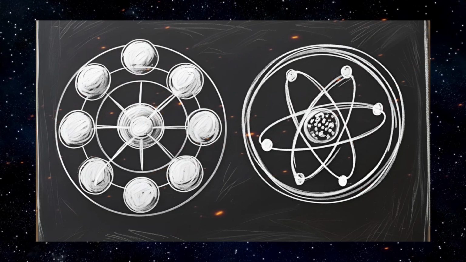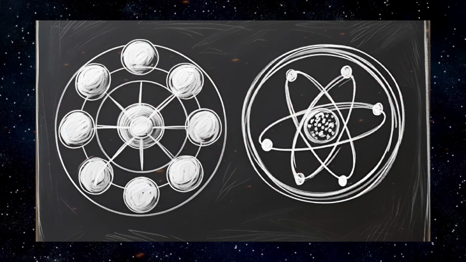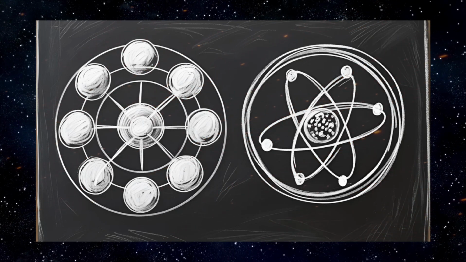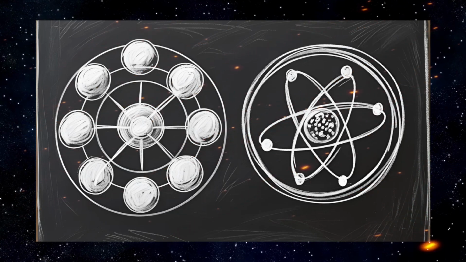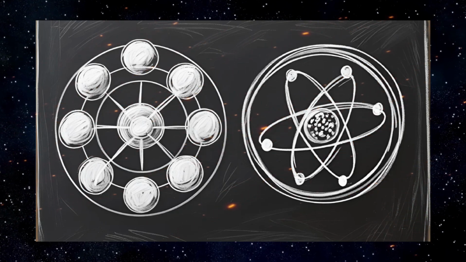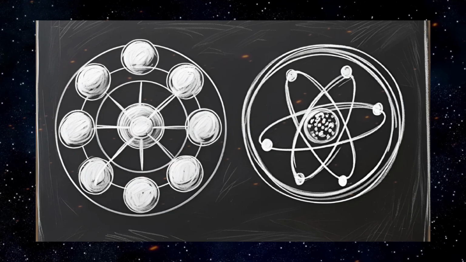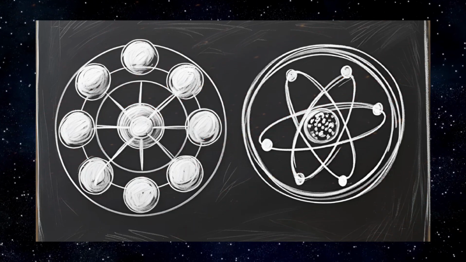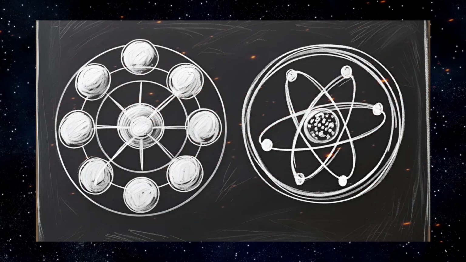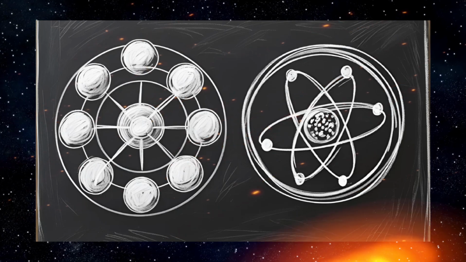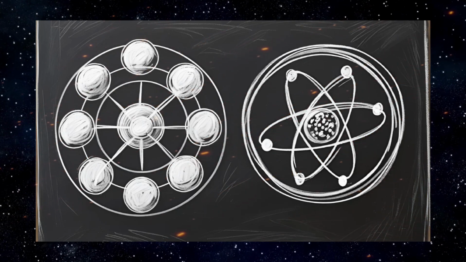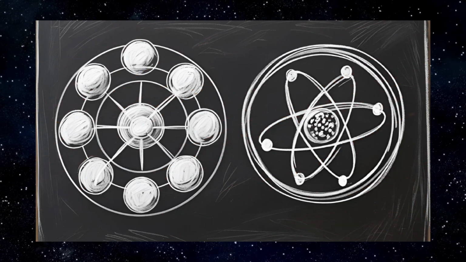Each element is placed precisely based on 2 criteria: its atomic number and its electron configuration. The result is a layout where neighboring elements are not just physically close, but chemically related. It is this organization that allows scientists to predict how an unfamiliar element might behave, even before they test it.